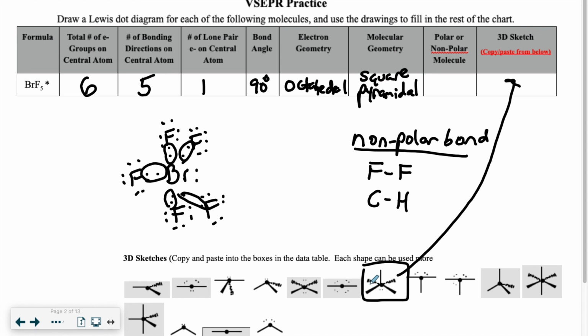Now looking at this picture, since there is the same atom on each of these 4 sides, this part around the center is going to be symmetrical. But this bond is not going to cancel out with the lone pair that's down below. So that means since this is not symmetrical, it's going to be polar.